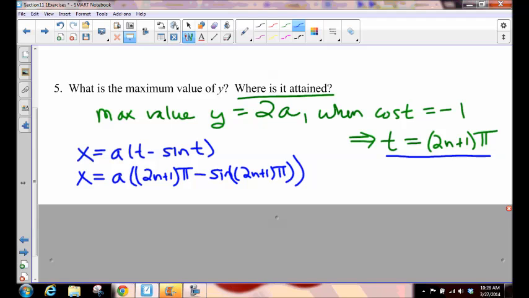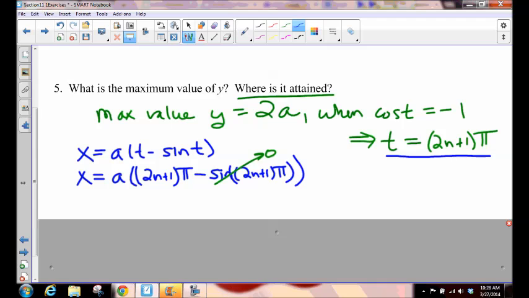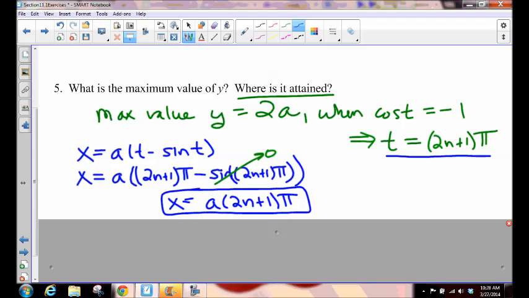And we know that any integer multiple of pi is going to give us 0 when we take the sine of it. So we end up with x equal to a times (2n plus 1) pi, and that is where those maximum values are going to occur.